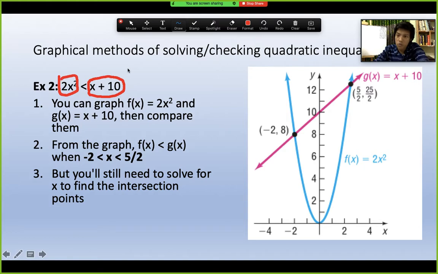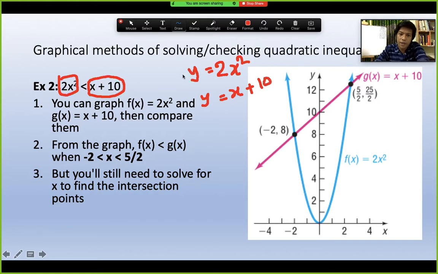We consider two functions here. One is y equals 2x squared. Another one is y equals x plus 10. So we consider two functions. This is another method; we can solve the math this way also.